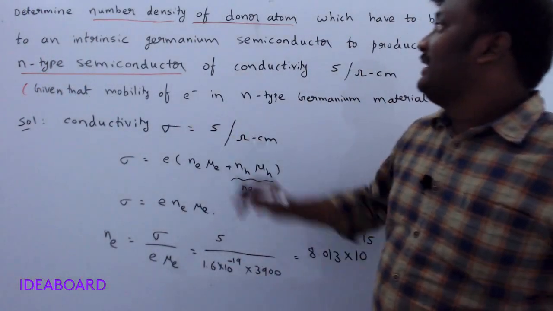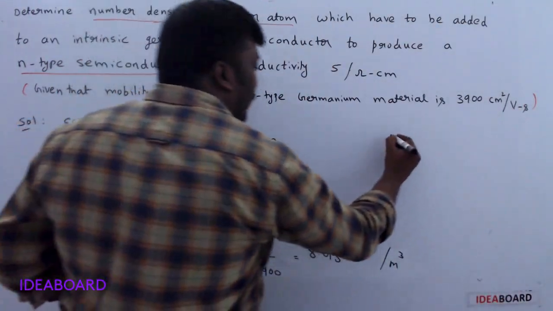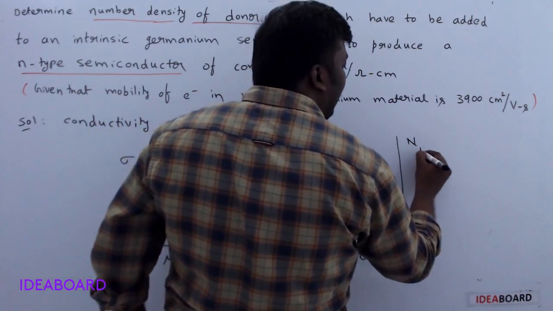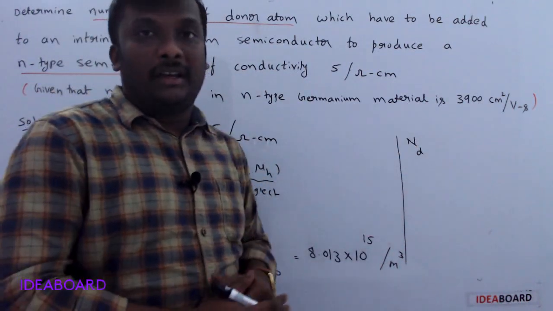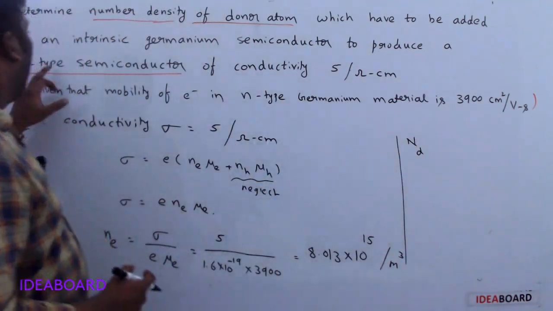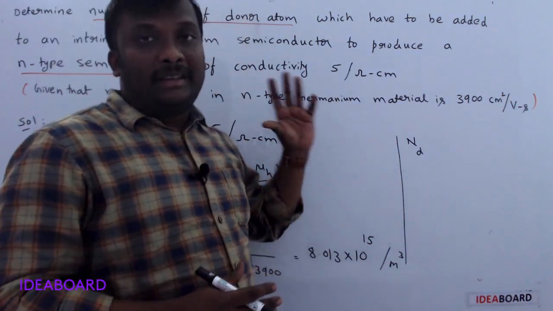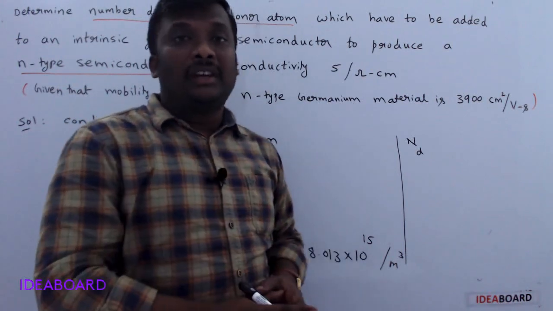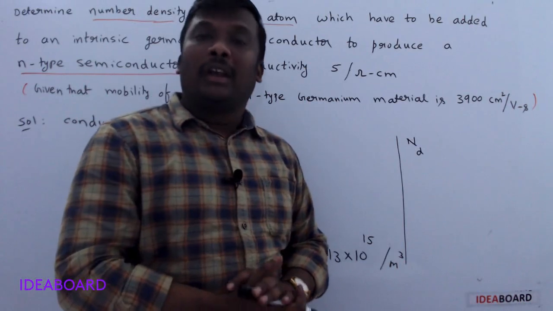Now the question is asking for the number density of donor atoms. Number density of donor atoms is indicated by Nd. In the case of an n-type semiconductor, we said the majority charge carriers, electrons, are mainly due to the number density of donor atoms.